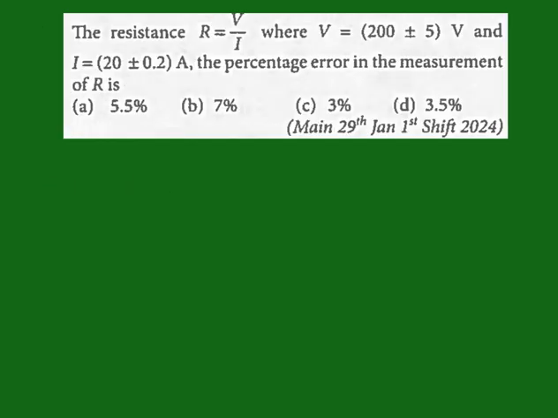Now see this question number 4. The resistance R is V by I, and V and I have been measured.